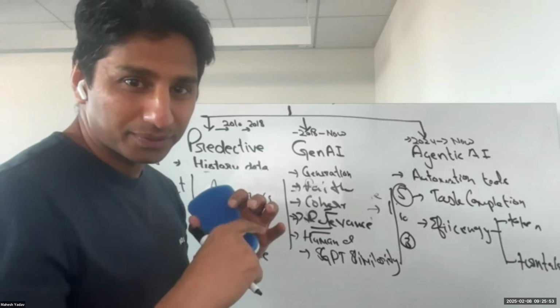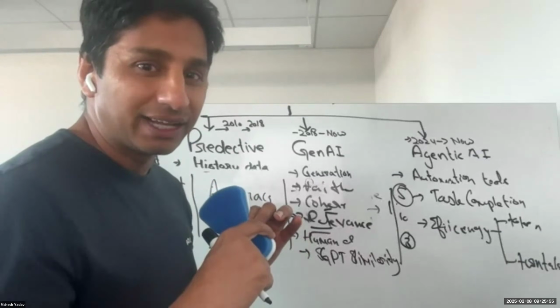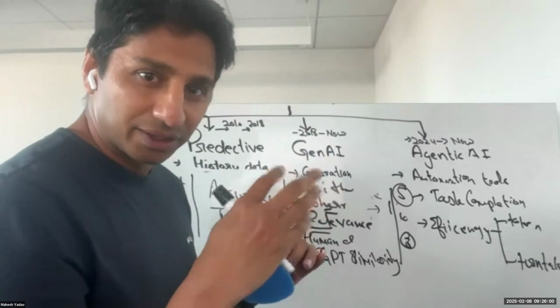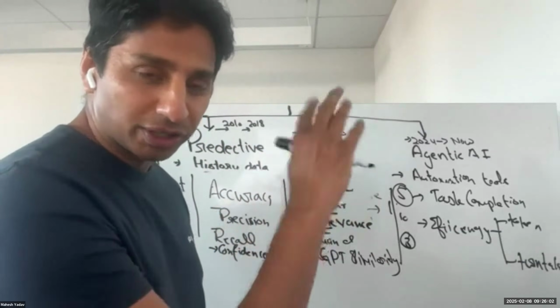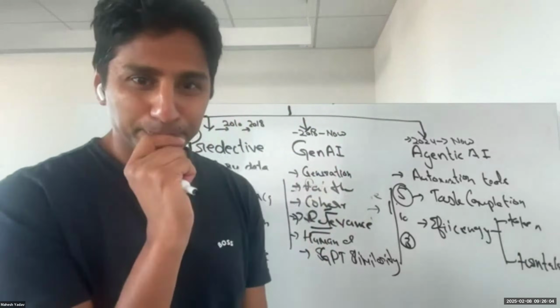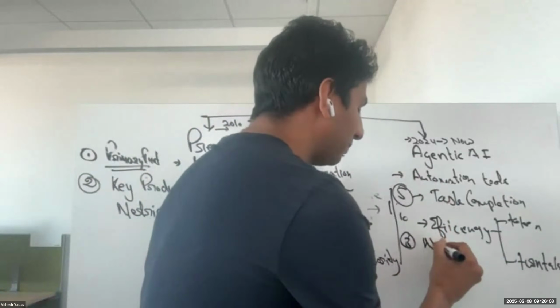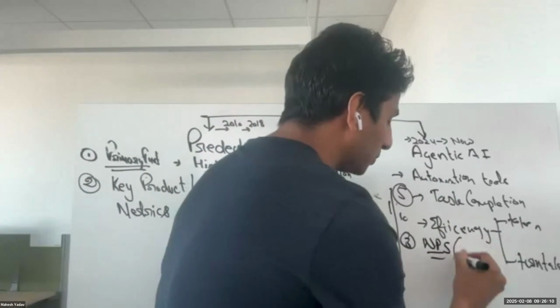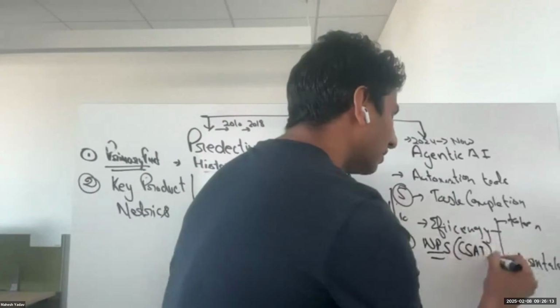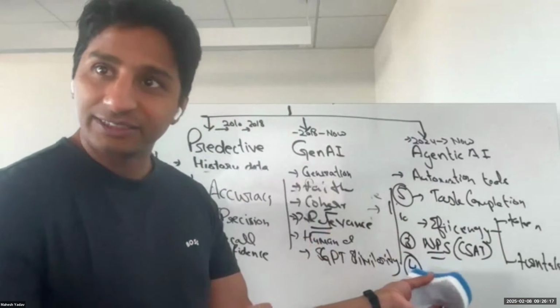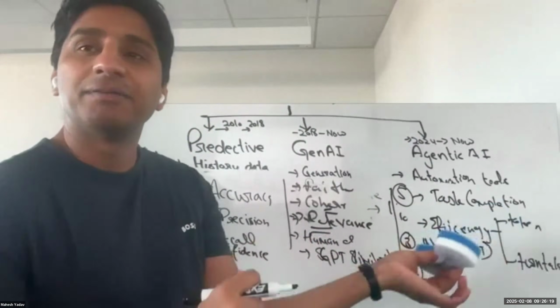When the agent completes the task, you are not coming in between, right? How do I put this? Satisfaction. Yeah, NPS score. You can say NPS, Net Promoter Score, CSAT, any of those. So this is the correct answer, NPS, CSAT.